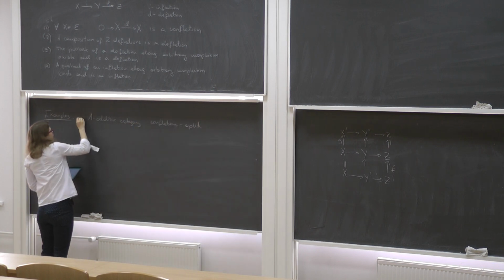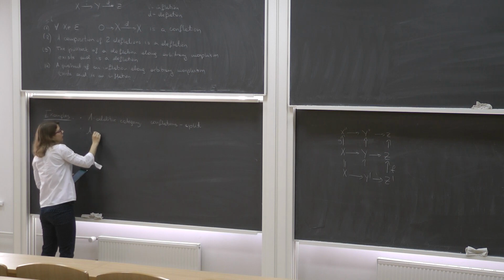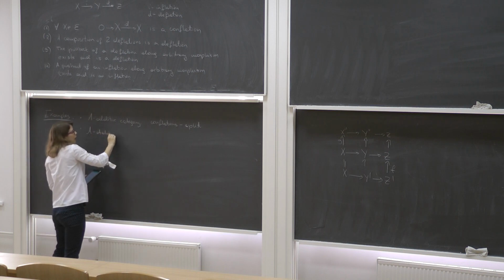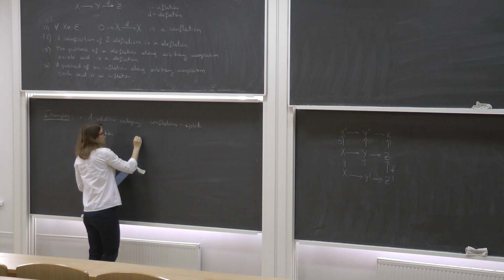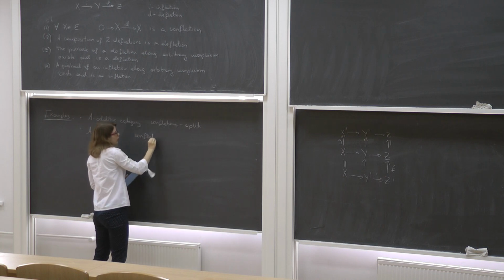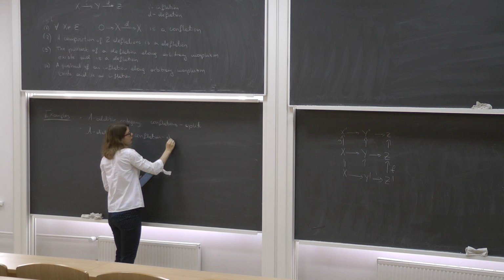Or I can take A to be abelian and conflations to be all short exact sequences.